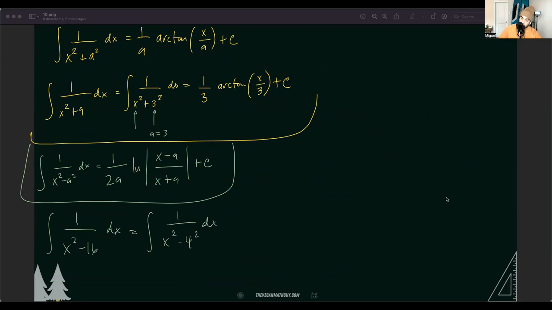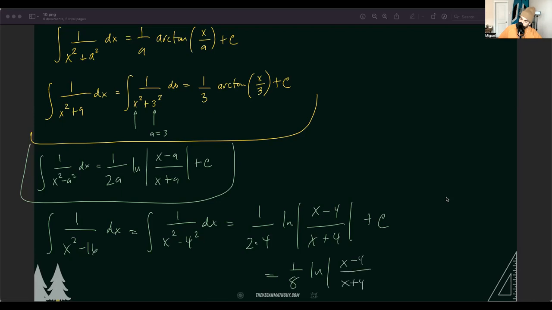And now we can go ahead and just implement that rule that we have there. This is 1 over 2 times our a value, which is 4 in this case. So this is going to be 4 natural log of x minus 4 over x plus 4. And then don't forget the plus c. So if we rewrite this as 1 over 8 natural log of x minus 4 over x plus 4 plus c.